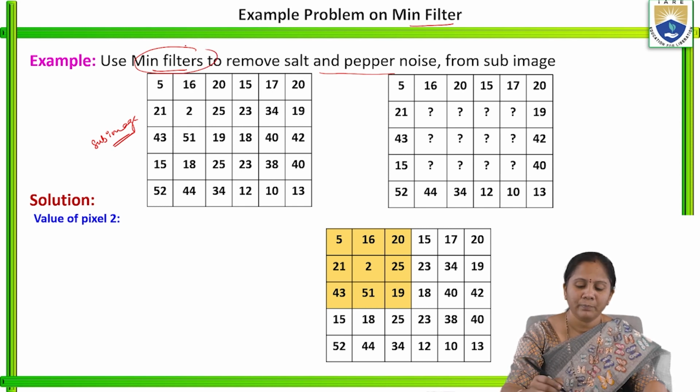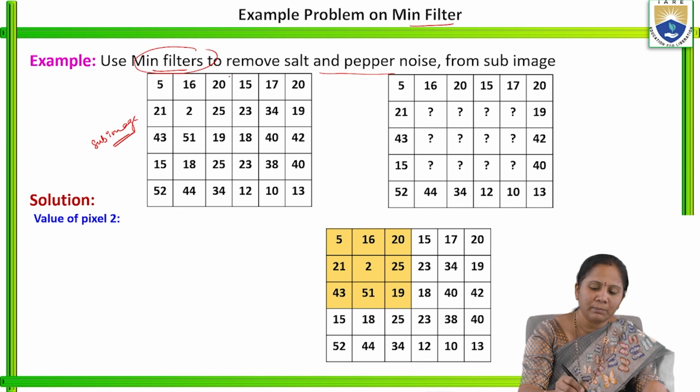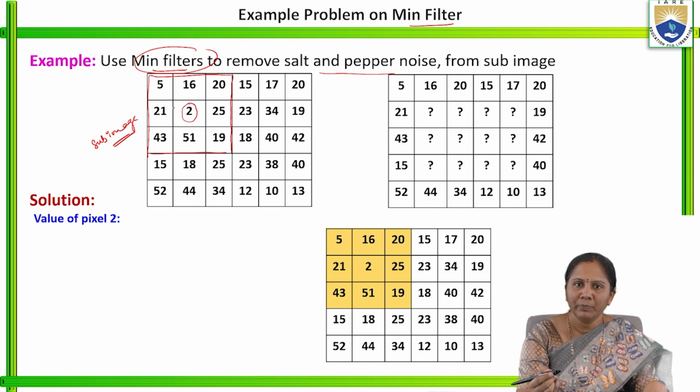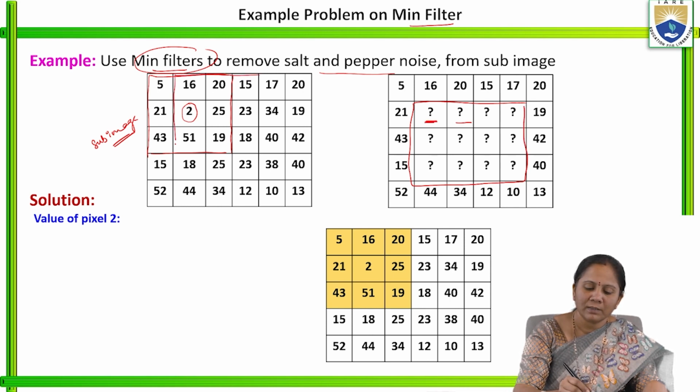In the same way, if we apply the minimum filter, we will use a 3 by 3 mask. We will start from here. The first center pixel value will be 2, so all these are the values we need to find. This is the first value. Similarly, if you shift this mask, it will be like this 3 by 3 mask.